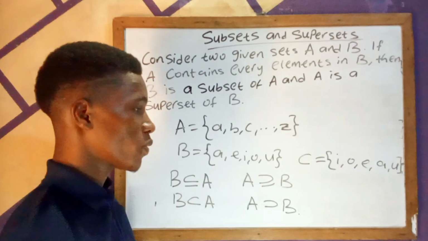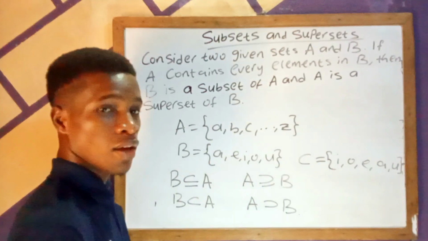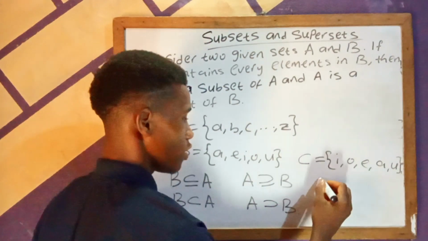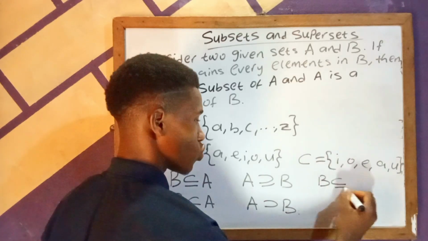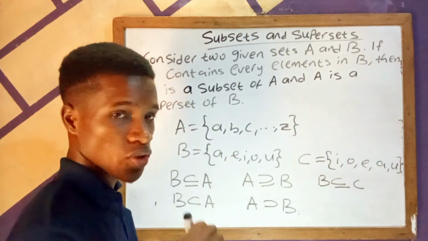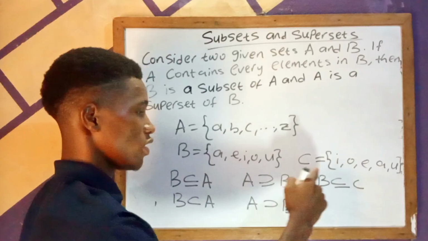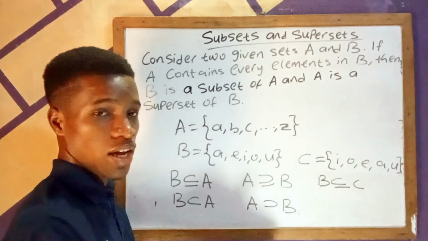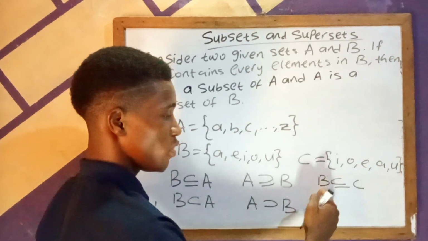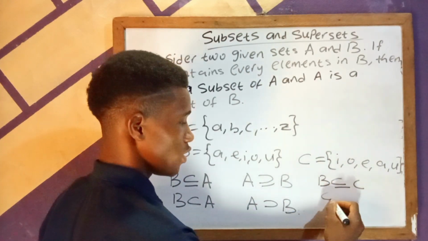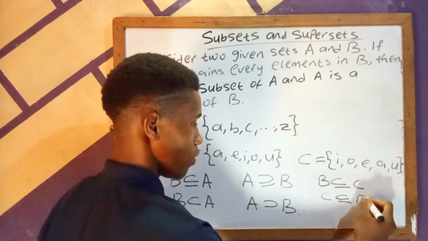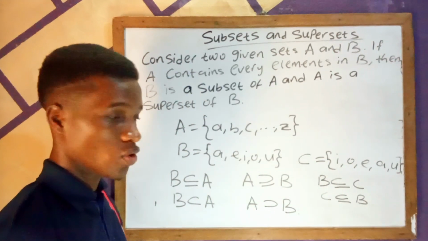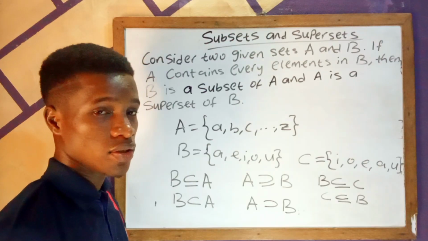But from the definition of subset, every element in C is in B, and every element in B is also in C. So we can say that B is a subset of C.